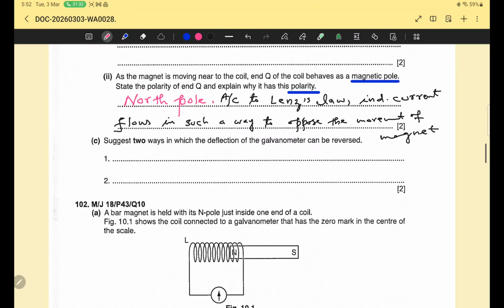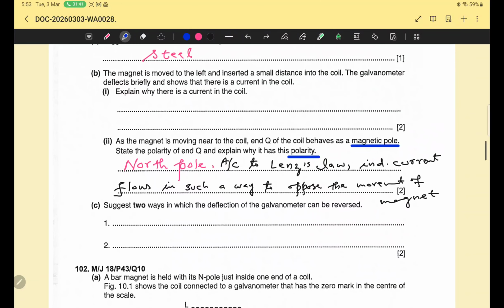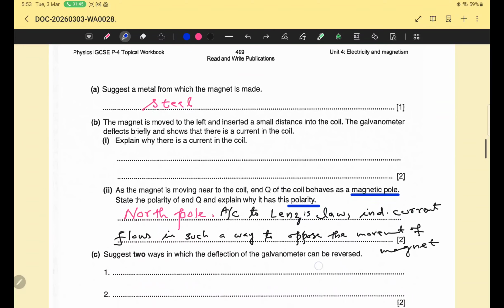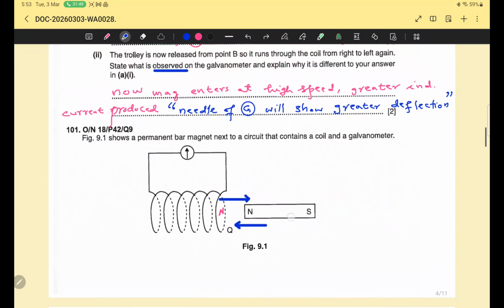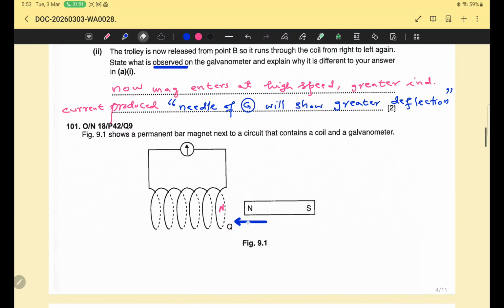Okay. And now the question is, state two ways in which the deflection of the galvanometer can be reversed. So I think I can ask this question with Pavitra. Pavitra, beta, we are interested to reverse the deflection of the galvanometer. Consider when the North Pole approaches the coil, the galvanometer pointer deflects towards the right side.